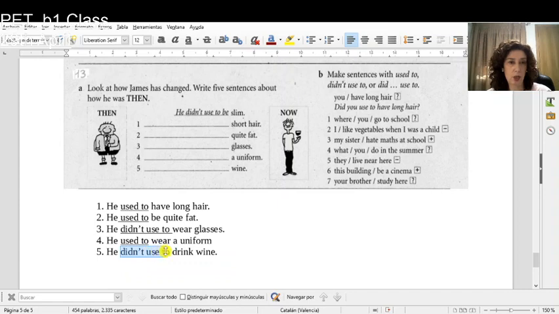Then, didn't use to drink wine. Is it clear? Then a past routine, a past habit that there is a change, and in the present not anymore. Is it clear? Then for homework, I'm going to send you this, the same as we have dealt with in class, and I would like you to do this, and I'll send you the case.